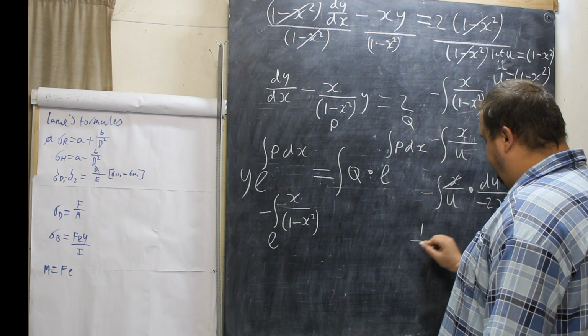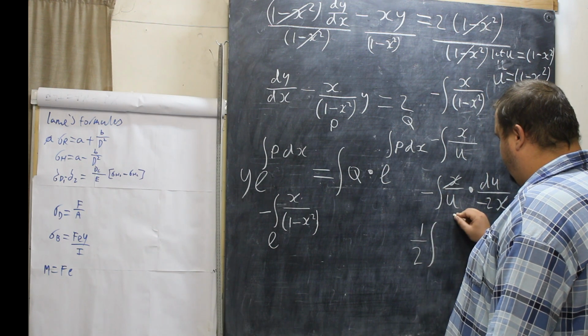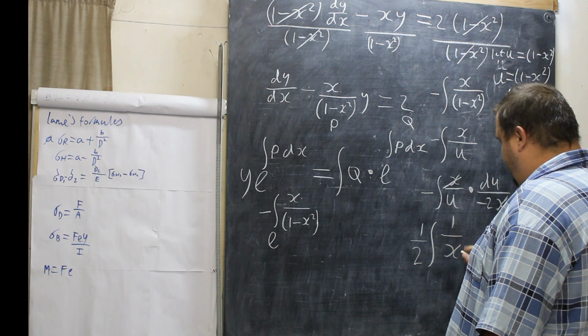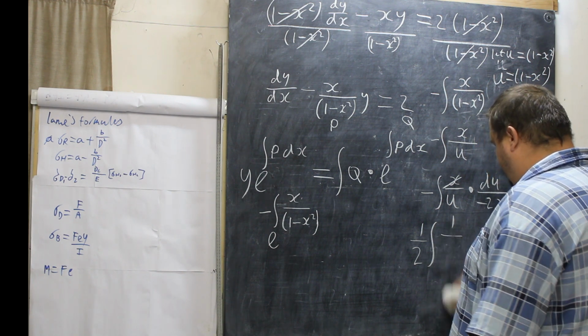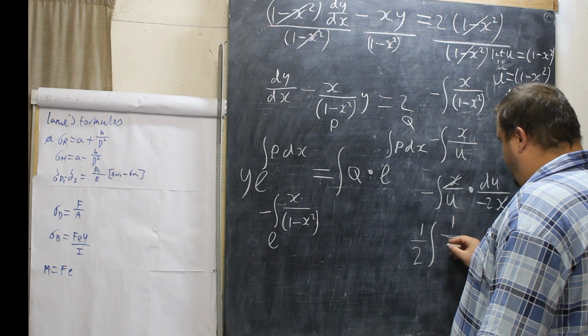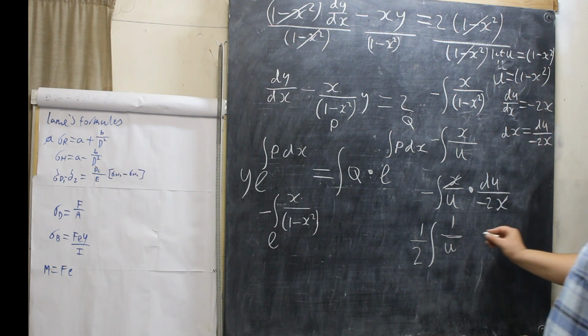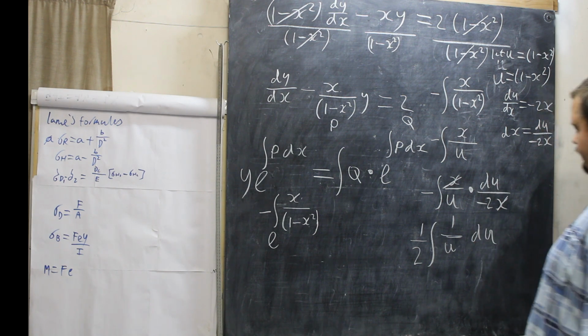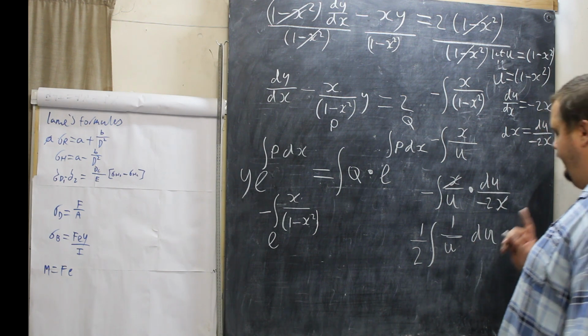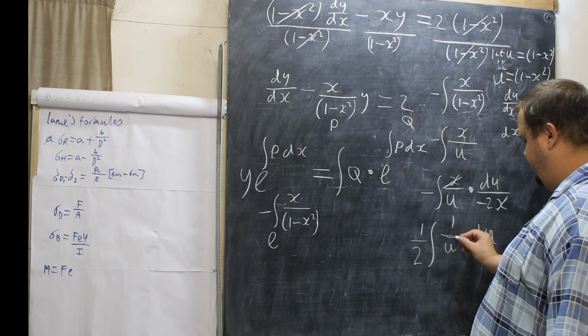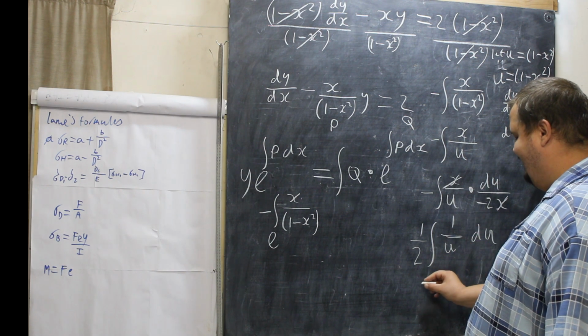So this is a positive half, the integral of 1 over u du. Now, the integral of 1 over u is ln.